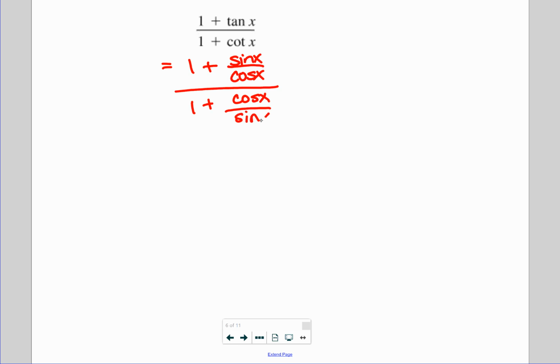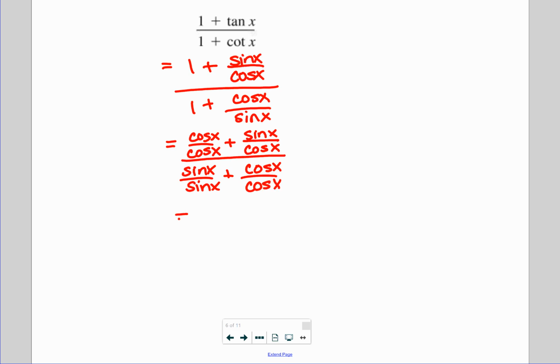Now, again, I've got some messy things happening with fractions, so I want a common denominator, and I'm going to do it on the top and the bottom. On top, I need a cosine, so I'm going to write cosine over cosine plus sine over cosine. On the bottom, I need a sine to be able to put them together, so sine over sine plus cosine over sine. So now I've got those common denominators.